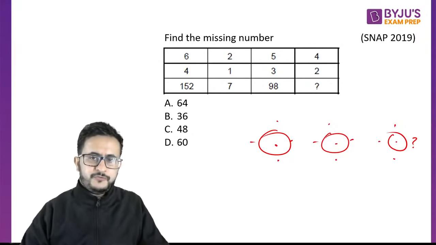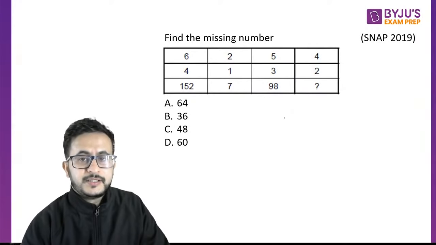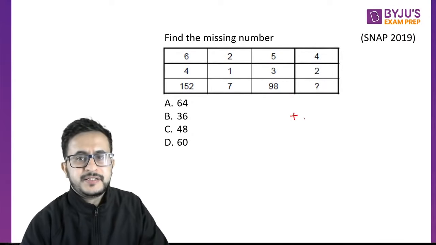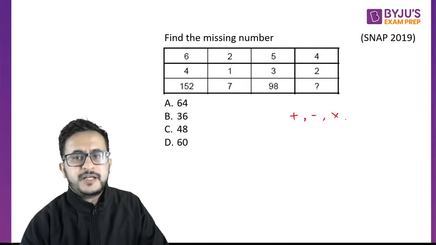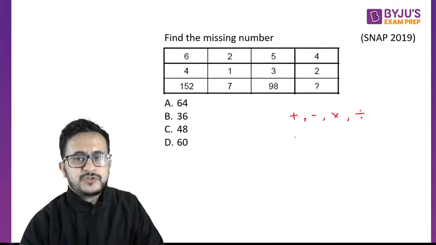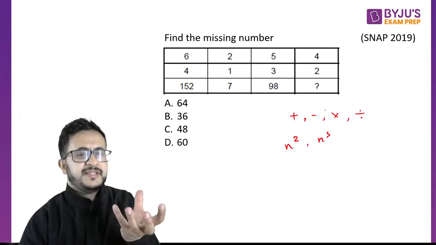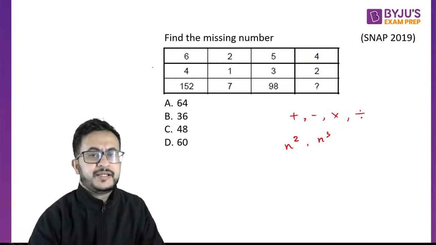So generally, what you should try is addition, subtraction, multiplication, division, and all those. Right. Apart from that, also try squares, cubes. Right. These are some things that I'm giving you as a hint कि वो try करके देख लेना चाहिए.